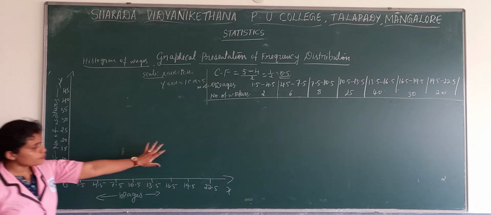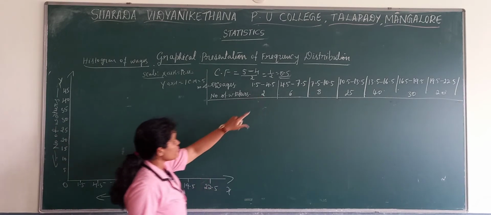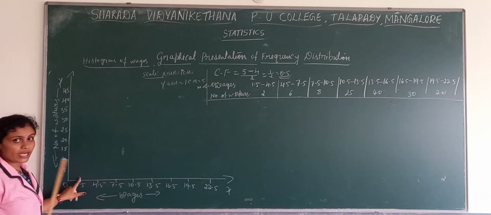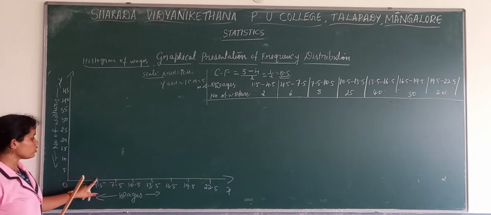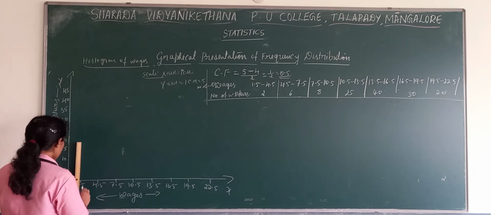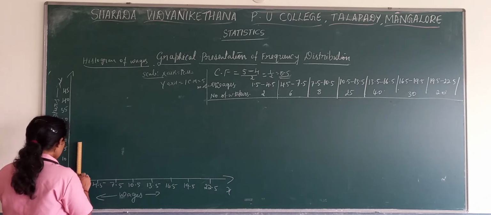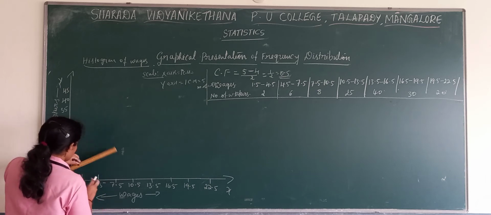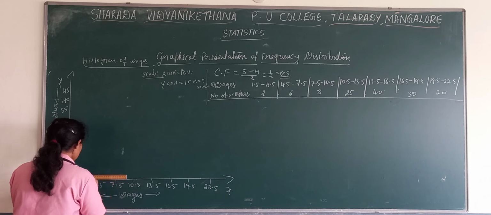Now we will locate the values. 0 to 1.5 is not given. 1.5 to 4.5, what is the value? The value is 2 here. This is the first one.